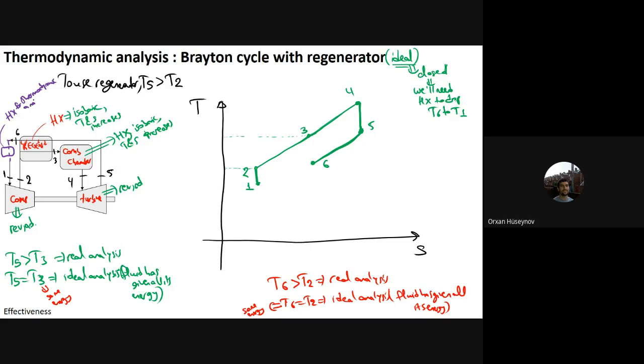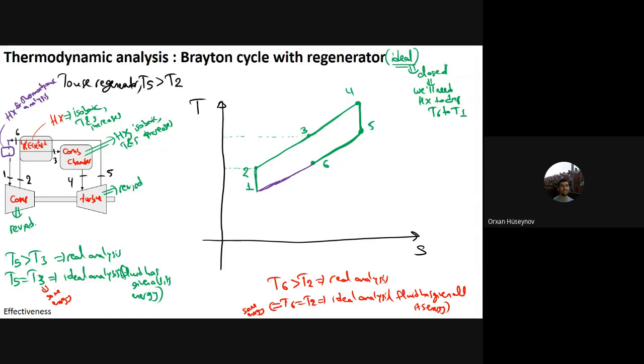Therefore, here you will have from 6 to 1. I'm drawing it with a different color here. Okay. Again, these lines do not meet, so I should make this one a bit longer.